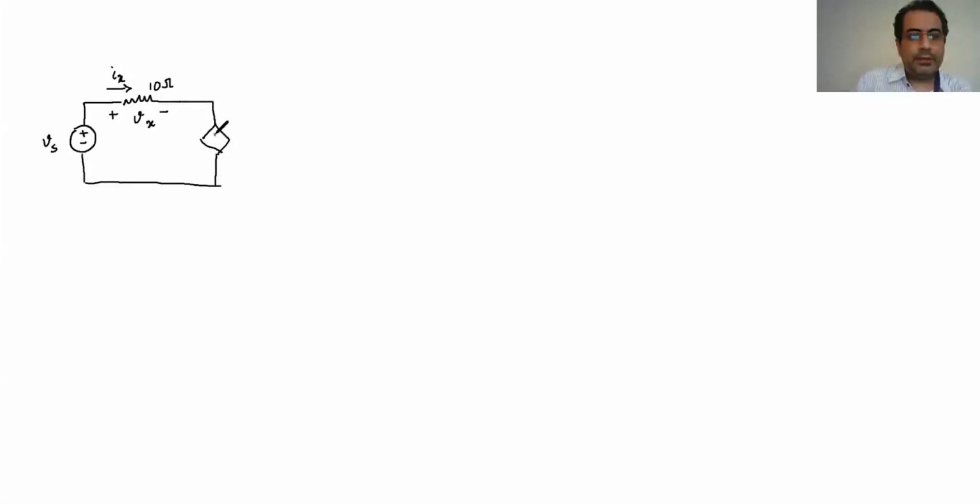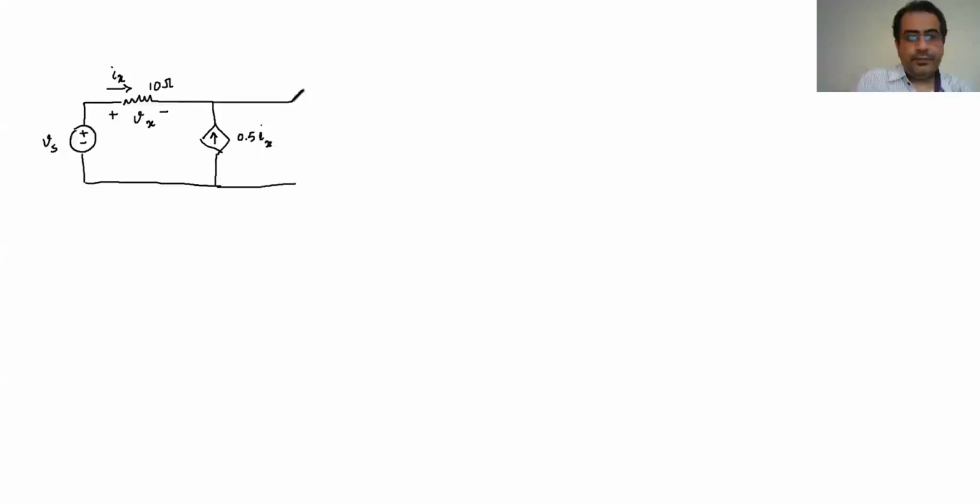And then I have a dependent source sitting here, and it's going to be 0.5 Ix. So whatever Ix I have here, the current source is 0.5 of that.